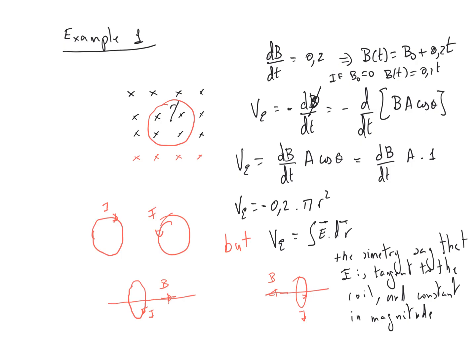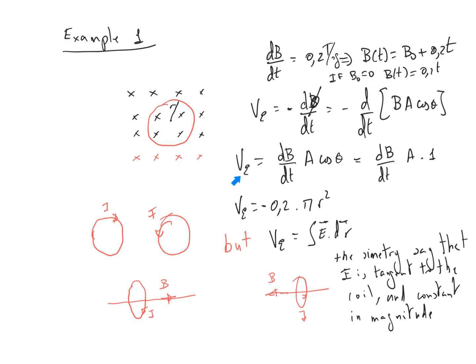So if this magnetic field is changing, the flux is changing. The flux is changing only because B is changing. It's not because the area is changing or the angle is changing.